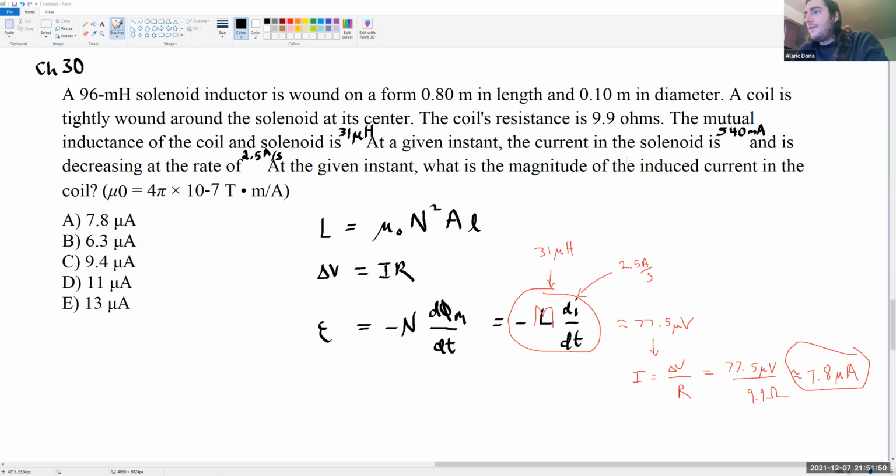Then apply Ohm's law for that coil. The induced voltage in that secondary coil is 77.5 microvolts, and the resistance in that secondary coil is 9.9 ohms. So we apply Ohm's law to get the current, about 7.8 microamps. We'll be back in just a second with the question for chapter 31.